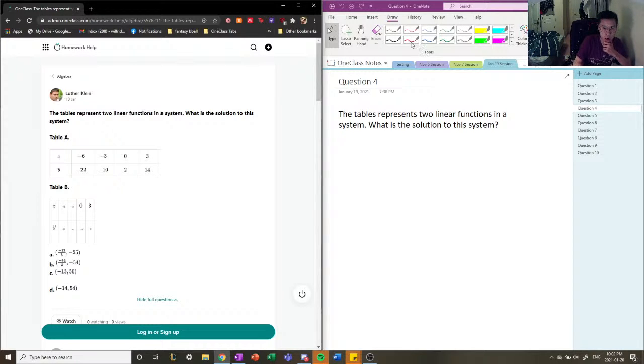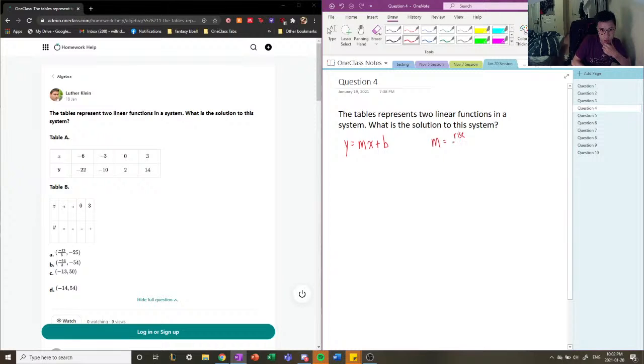As you may or may not know, the standard form for a line equation is y equals mx plus b, where m is the slope of the line and b is the y-intercept of the line. We're going to use this standard equation to find our linear equations. Another thing to keep in mind is that the slope of a linear equation is known as the rise over the run of the line.